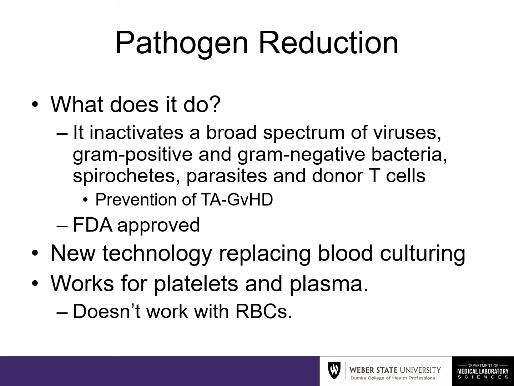It also helps prevent GVHD, or transfusion-associated graft versus host disease. This test is also FDA approved. This technology helps by replacing blood culturing, but it only works for platelets and plasma. It does not work with RBCs.